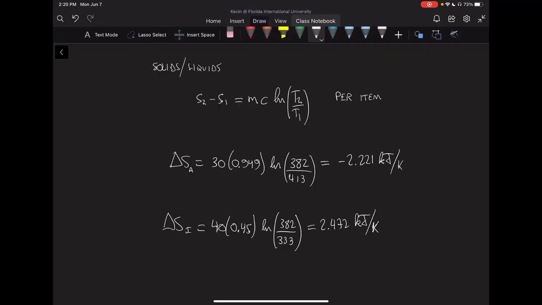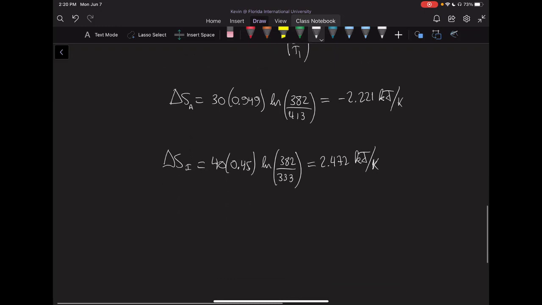So the delta S total of the system is now equal to essentially the sum of both. So we have delta S of iron plus delta S of aluminum. Just make sure you keep your signs correct. And if you keep your signs correct, you'll see that you get a positive change in entropy, which makes sense.